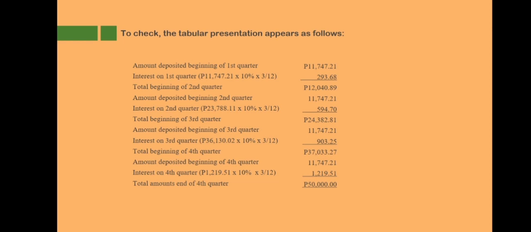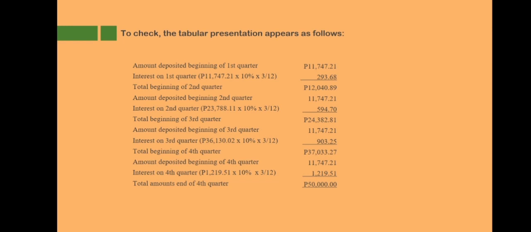And add the amount that you will give again at the beginning of the fourth quarter, 11,747.21, and if you add the 37,000 and 11,000, you will have 48,780 and 47 cents.